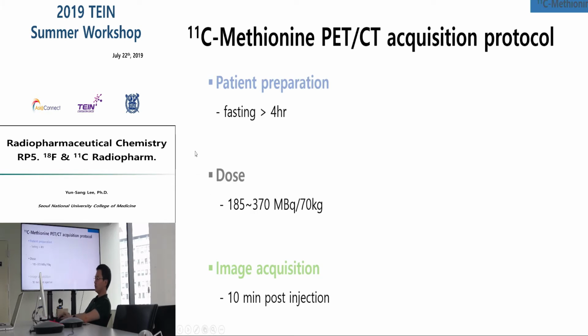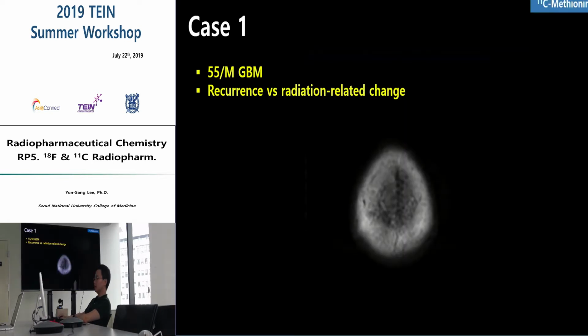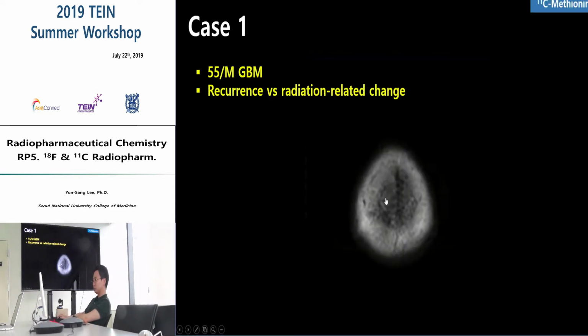And this is a brief acquisition protocol right now. After injection, we get the image 10 minutes after injection. And just a brief case.